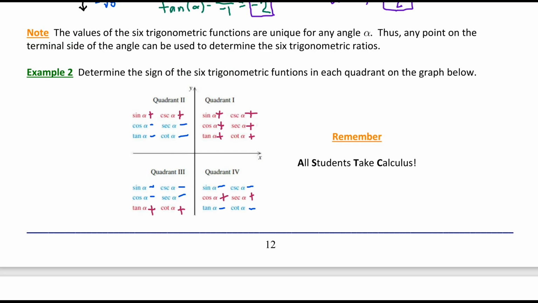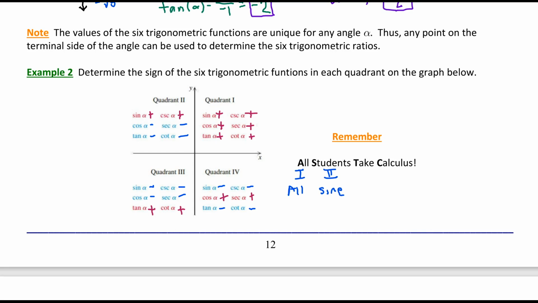Now, here's an easier way to think about it, or at least a catchy way to think about it. If you remember, all students take calculus. That indicates which functions are positive. In quadrant 1, all functions are positive. In quadrant 2, sine and its reciprocal is positive.